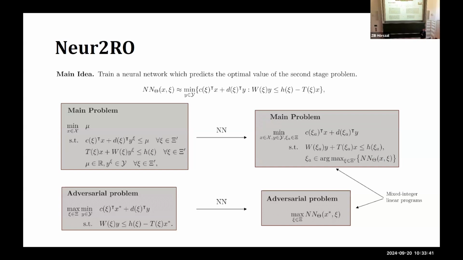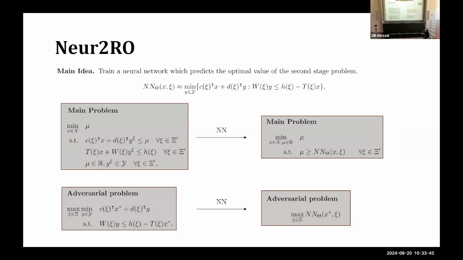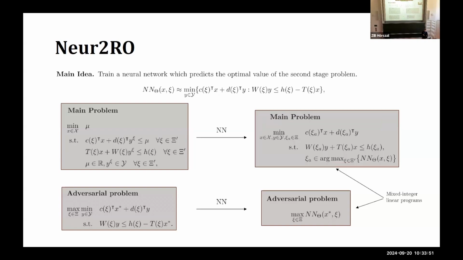So one problem was that if you go back here, this doesn't check the feasibility, and also there can be a lot of errors in the neural network predictions, right? So what we actually came up with, which is I think much smarter and works better, is we don't let the neural network predict the value of the constraints, so the second stage.